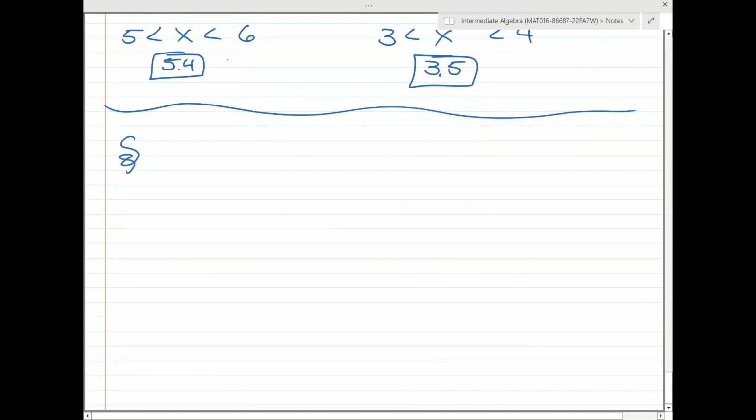Section 15.2. And we're going to look to reduce imperfect radicals.